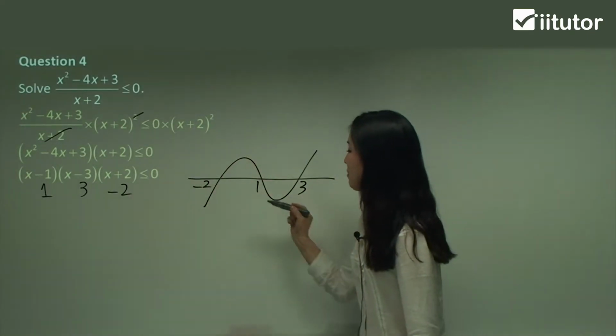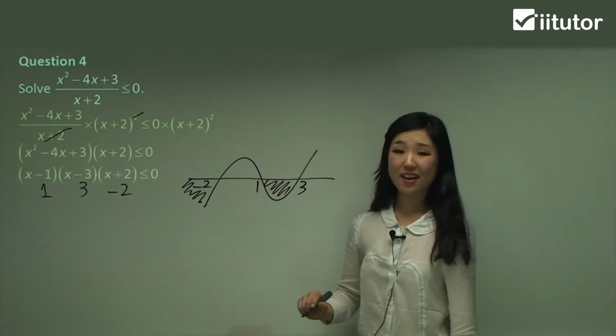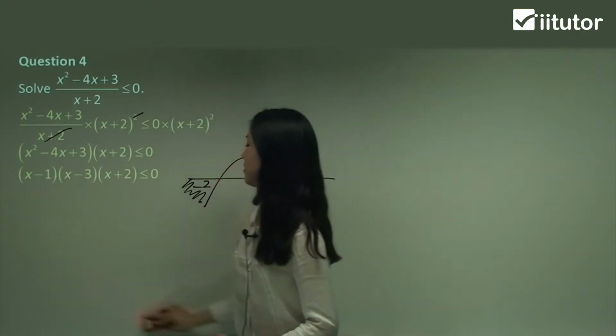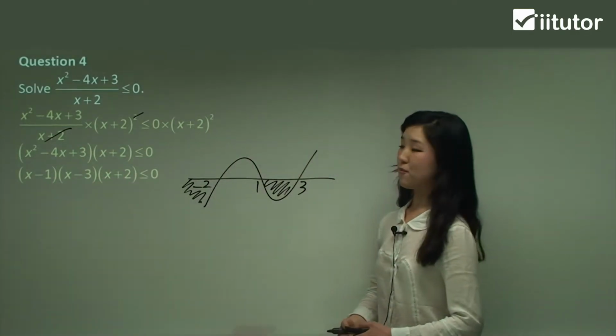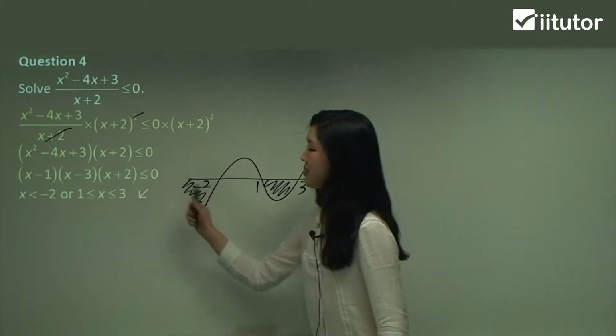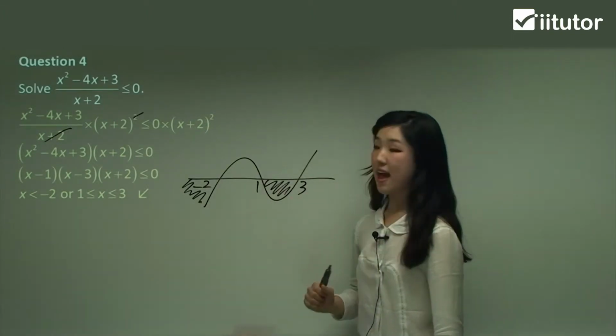Okay, so it must be over here or here. Okay, so there are again 2 different regions. So I'll just rub this off and just show you what my inequalities will be. It will be x is less than -2, or x is between 1 and 3.